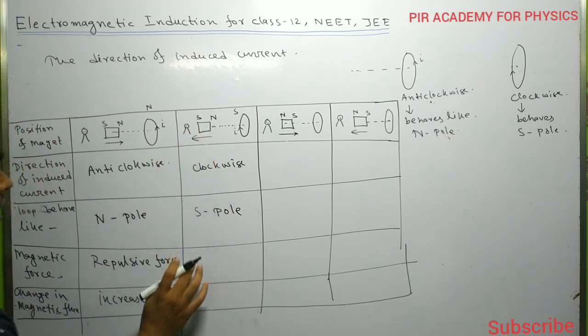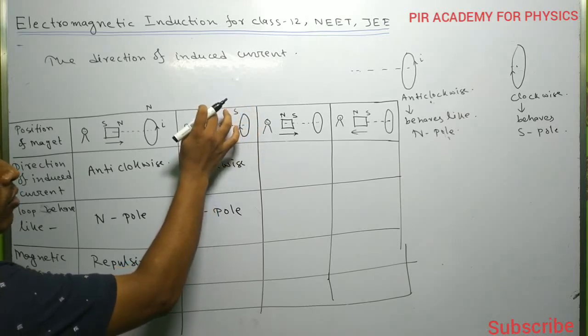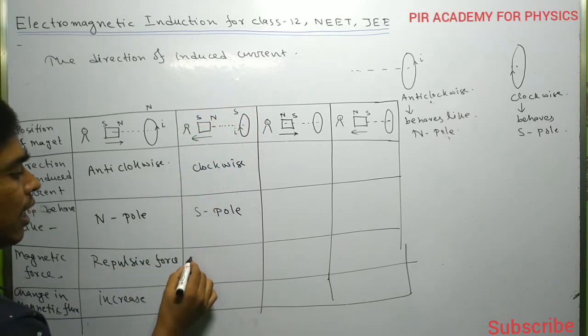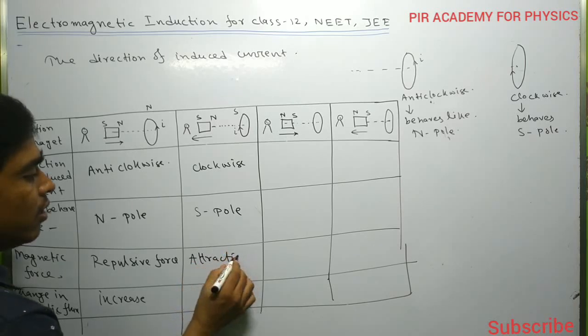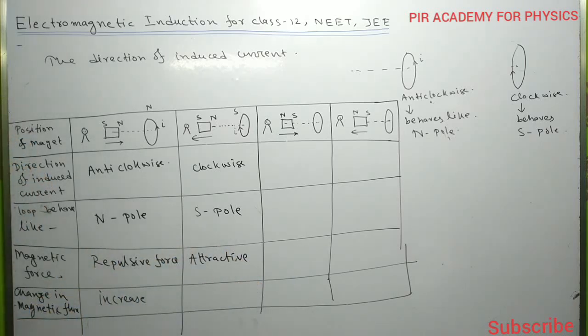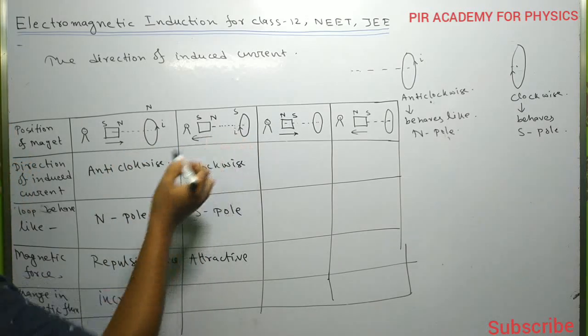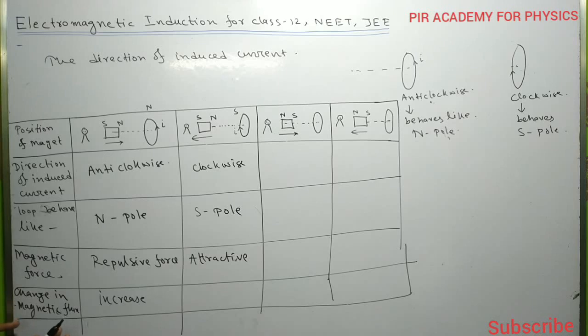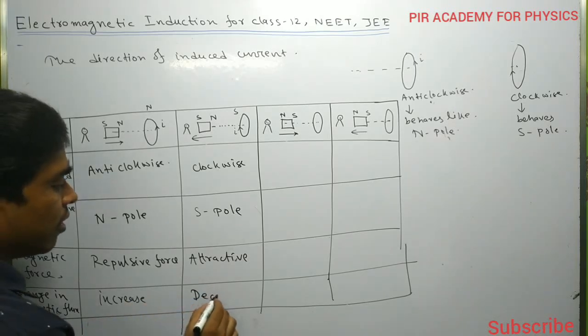So here will be a south pole and here is the north pole. So the force is attractive. And here you see that this magnet moves away from the circuit. That means the change of magnetic flux will decrease.